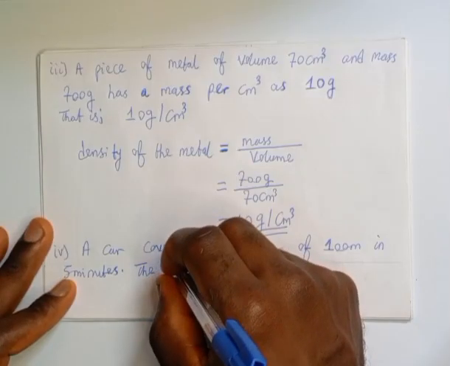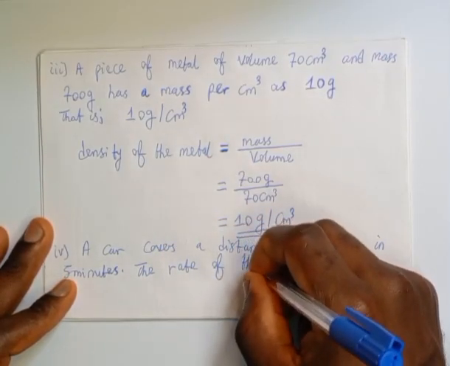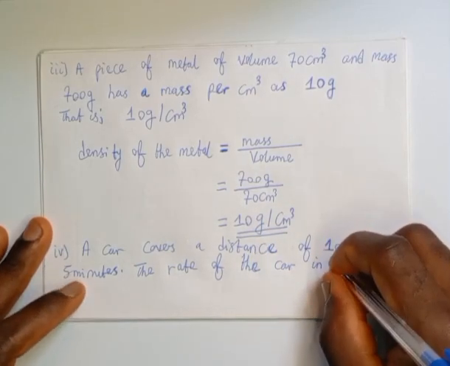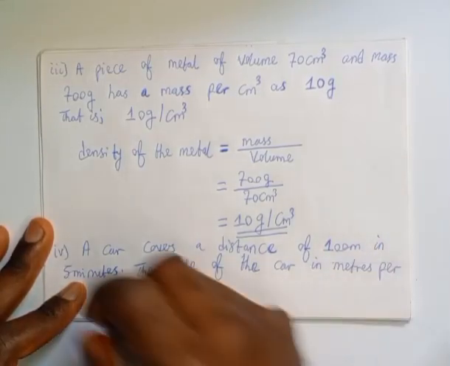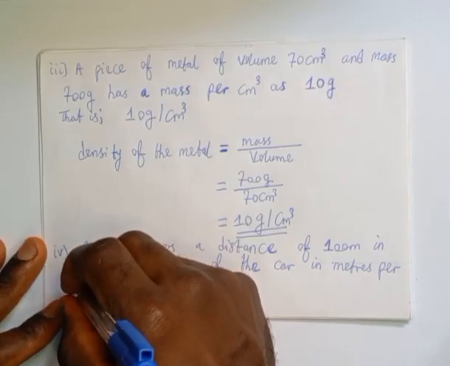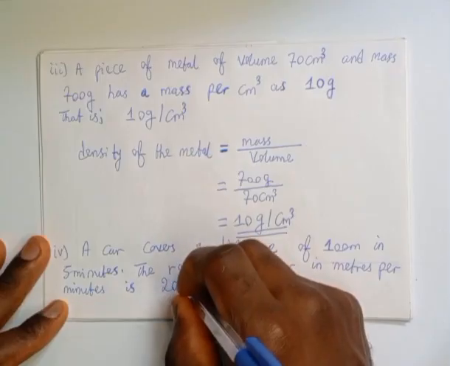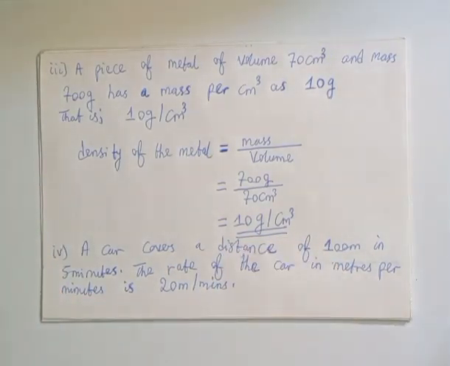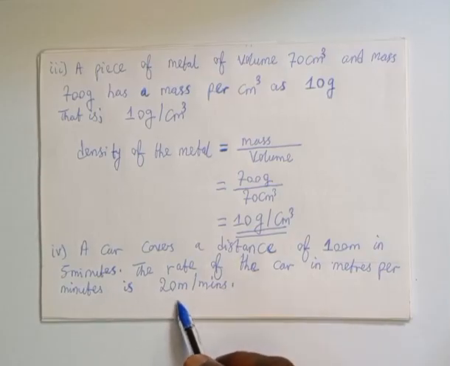The rate of the car in meters per minute is 20 meters per minute. The 20 meters per minute simply means in 1 minute the car covers 20 meters.